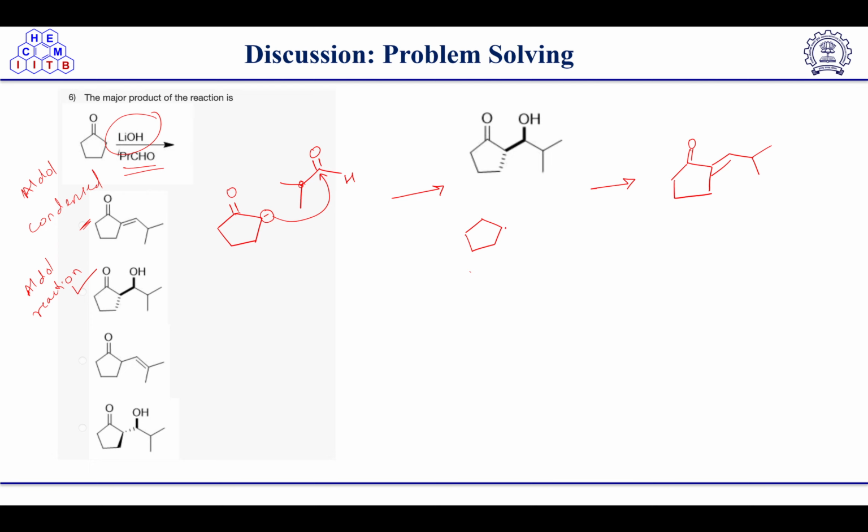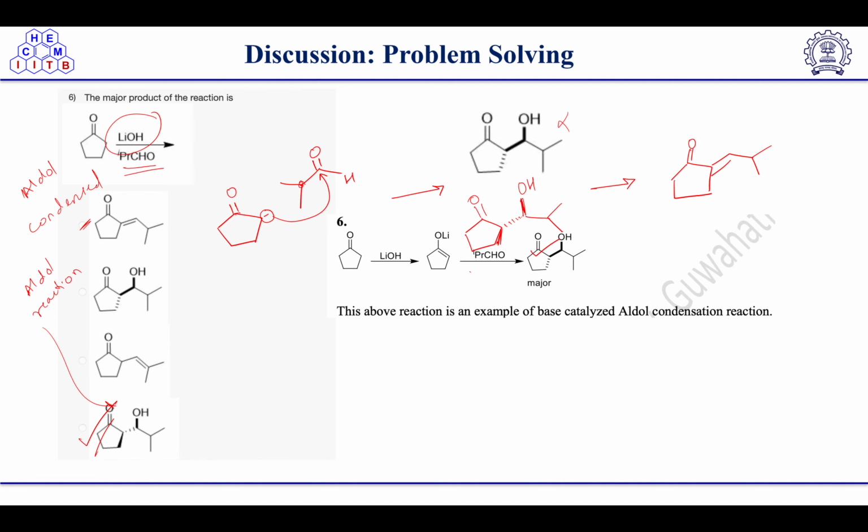If it attacks from the back side, then the hydroxy group will come on the front side. If it attacks from the front side, that time the hydroxy group will go on the back side. Correct? I hope all of you know this thing. So if it attacks from the back side, that time the hydroxy group will come on the front side. This way. Okay? So this is the correct answer. Not this one. Okay? Next.